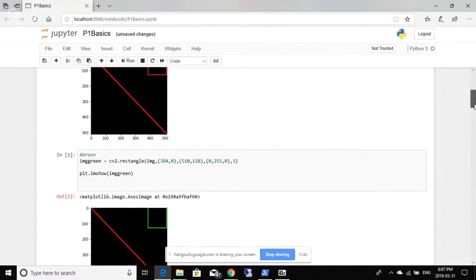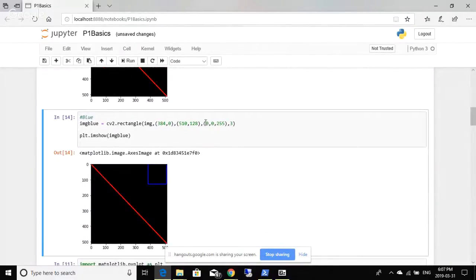That's green, right? And the blue. By the way, this is what they mean by RGB space. Red, green, and blue.